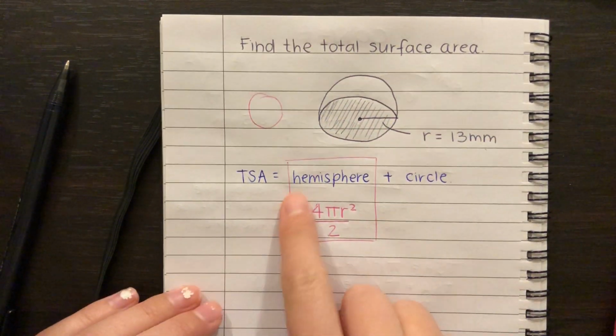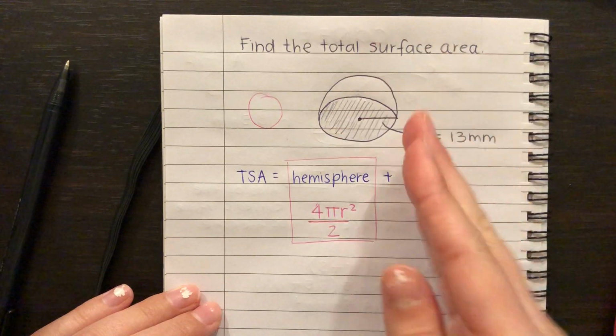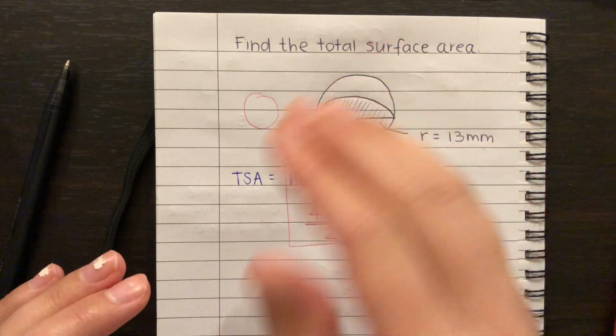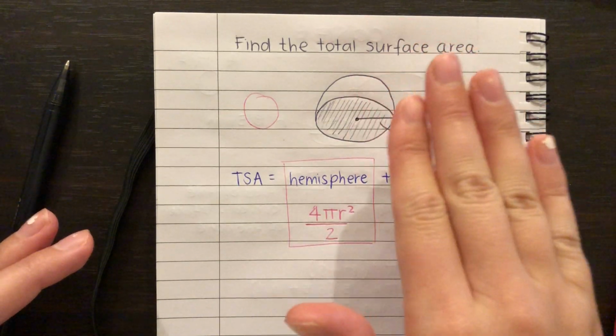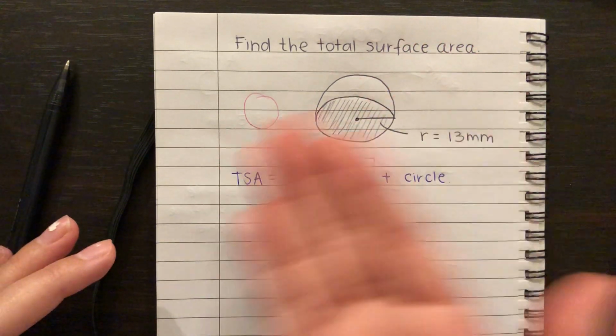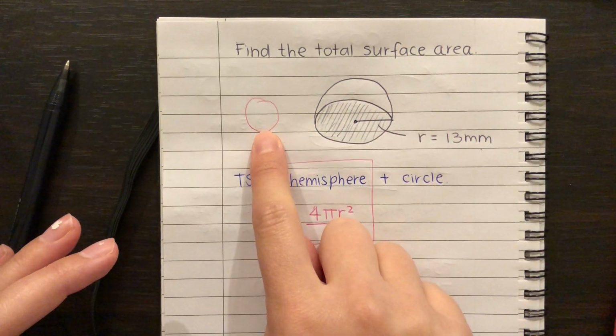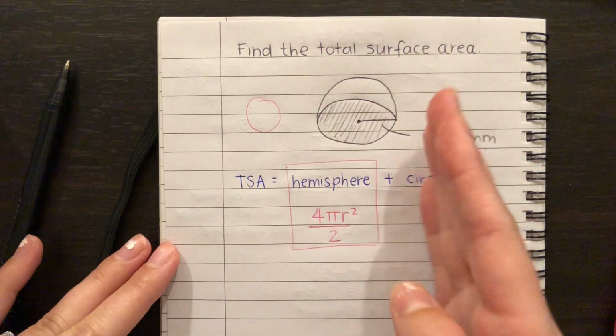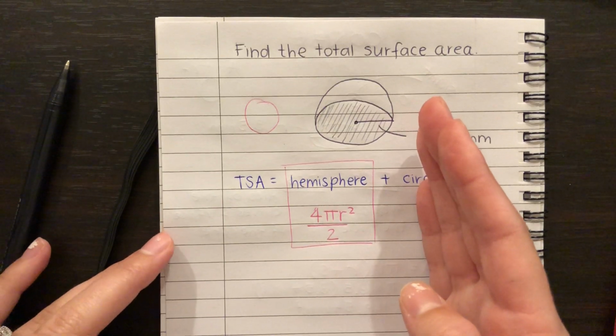Now, this area will just give us the curved part, because if you think of a tennis ball, if you cut that in half, there's no bottom. This area will just give you an area for this curved part that you have left over of half of a tennis ball.